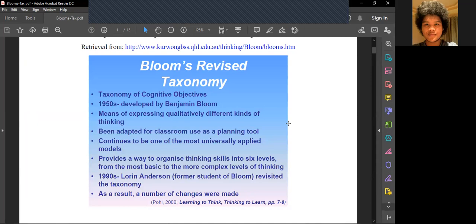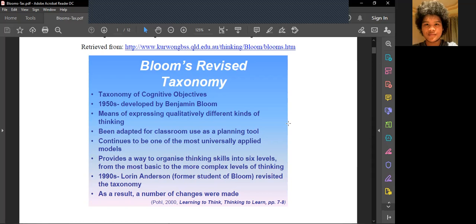Of course, this was developed by Benjamin Bloom. It expresses qualitatively different kinds of thinking, is adapted for classroom use as a planning tool, continues to be one of the most universally applied models, and provides a way to organize thinking skills into 6 levels.